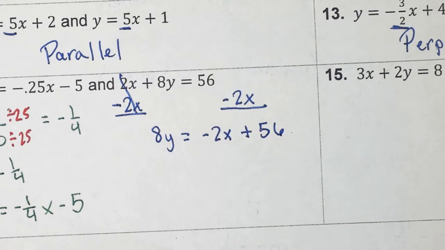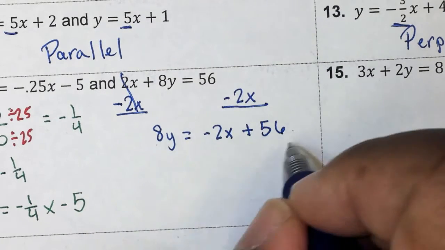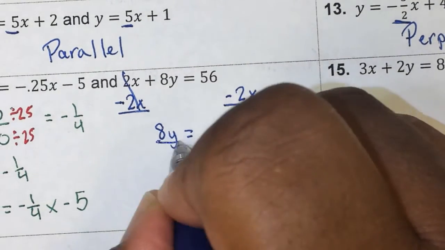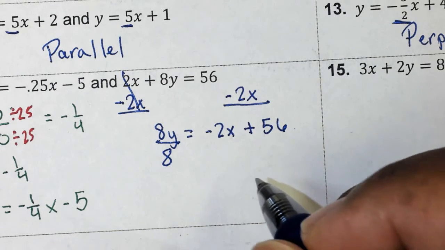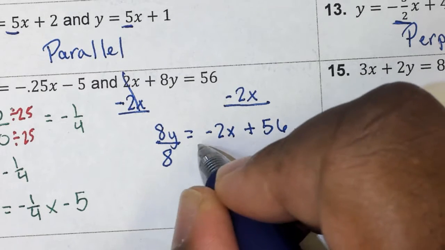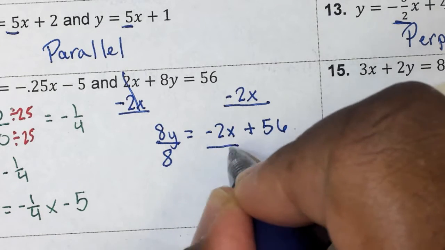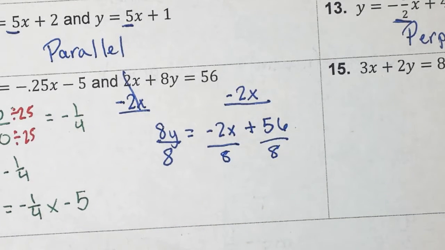And then the last thing I need to do, solving for y, I need to divide by 8. On this side, what gets divided by 8? Everything gets divided by 8 on this side. The whole thing gets hit. You can put one fraction bar, put 8 on it, but I like to separate. Everything gets hit by 8 on the other side.